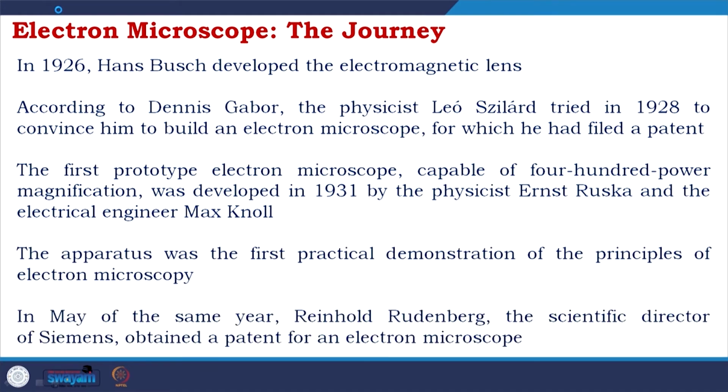In May of the same year, Reinhold Rudenberg, the scientific director of Siemens, obtained a patent for an electron microscope. Siemens has a huge history as an industry, a huge history of connection to the research on the electron microscope.